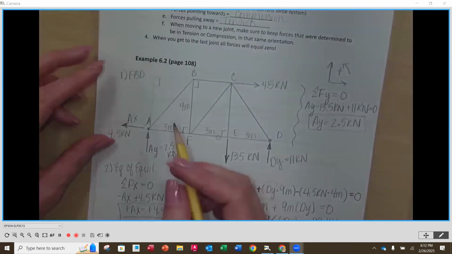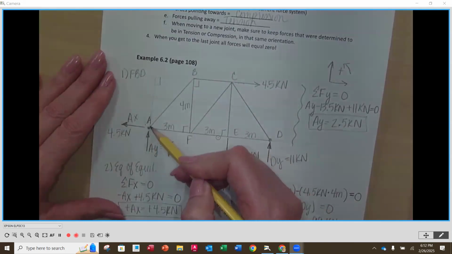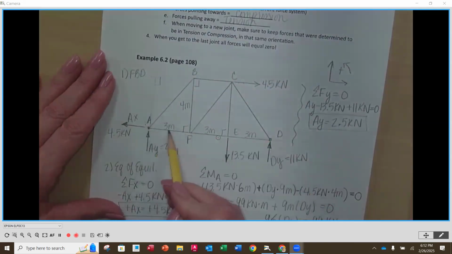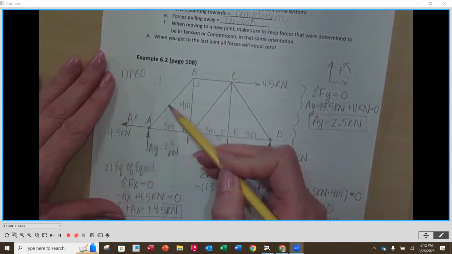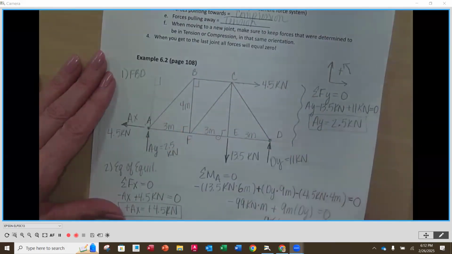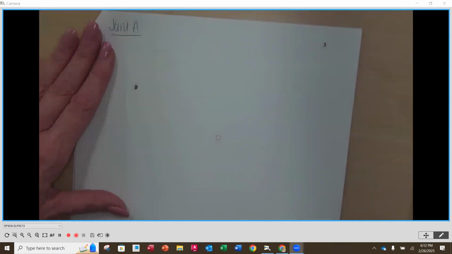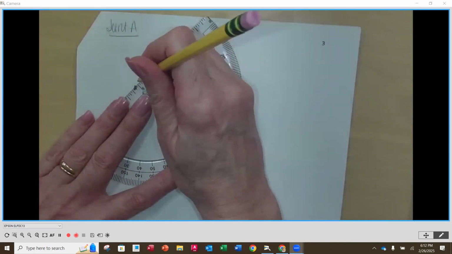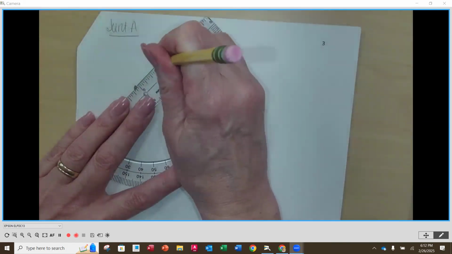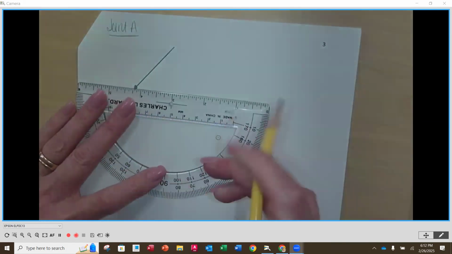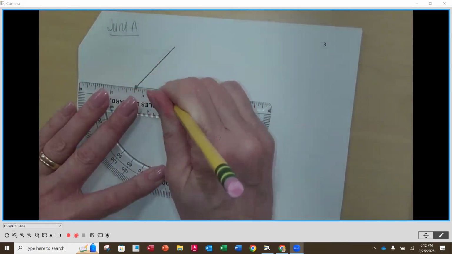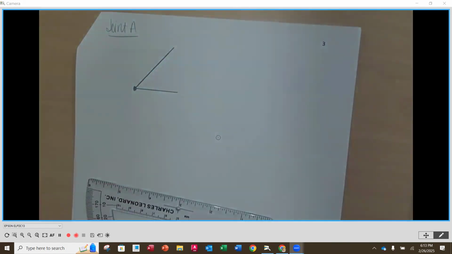Then what we're going to do is we're going to look at the truss. As we look at the truss, there are 2 members coming into it. So AF, this is going to be line AF, and this is going to be line AB. So we're going to draw those lines to represent each one of those members. So we're going to draw A to B and A to F. Now, remember what we said on trusses, the forces are going to be along their members.